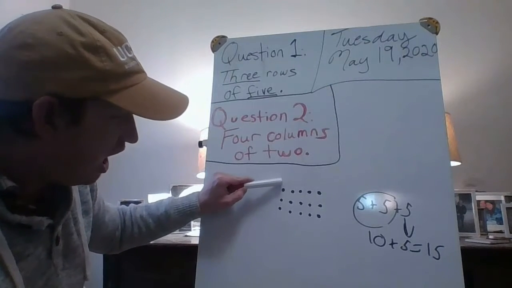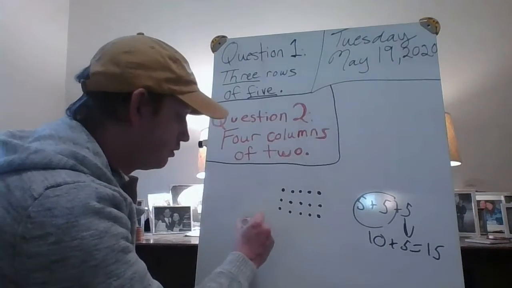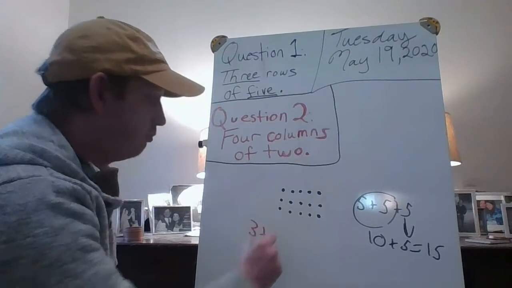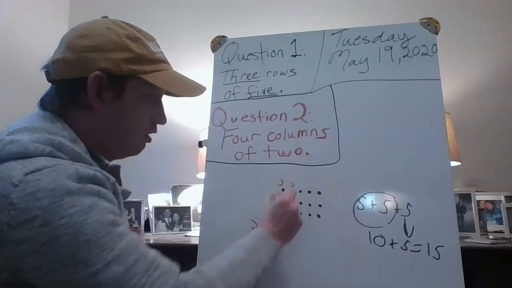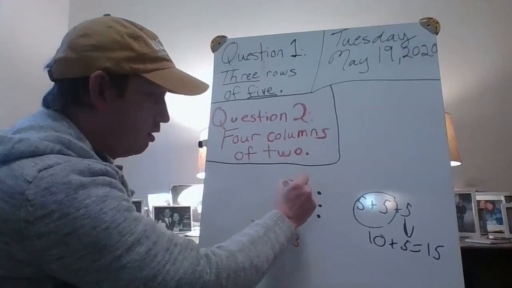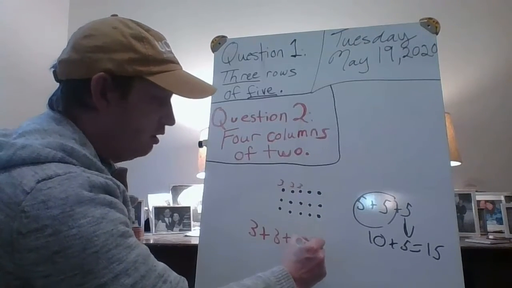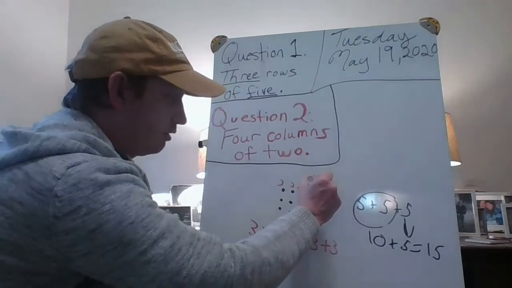So we have one column of 3: 1, 2, 3. Plus a column of 3. Plus a column of 3. Plus a column of 3. Plus a column of 3.